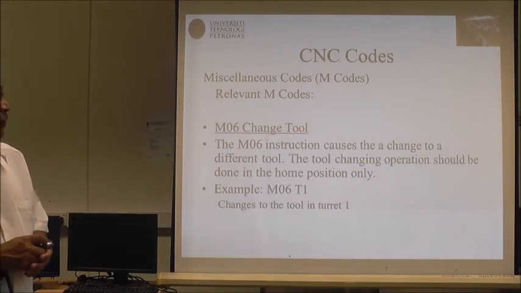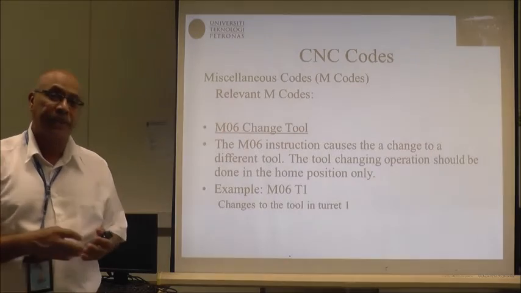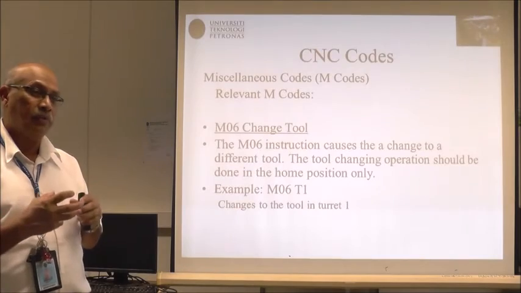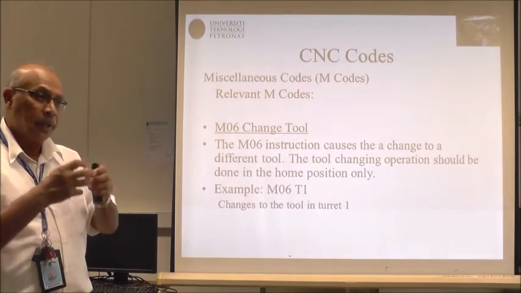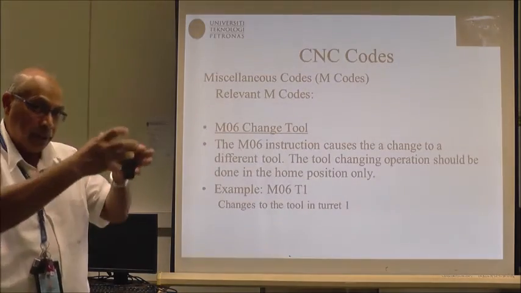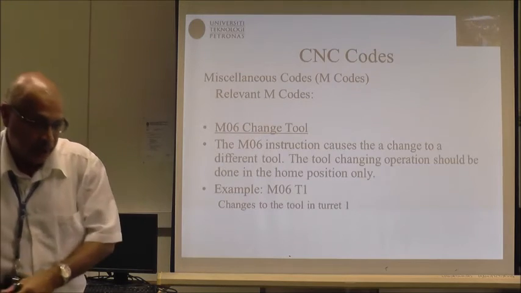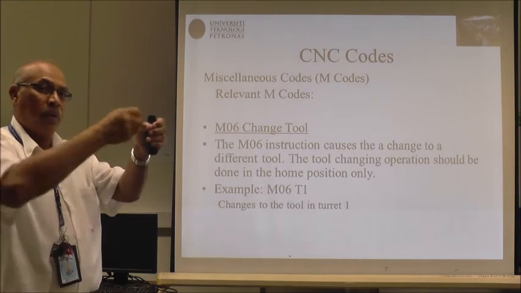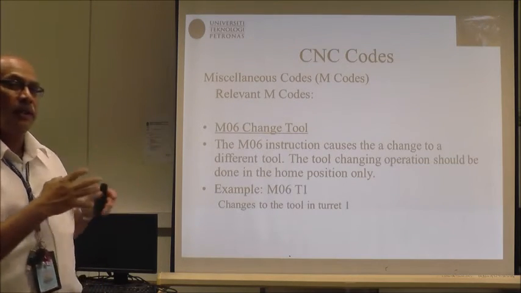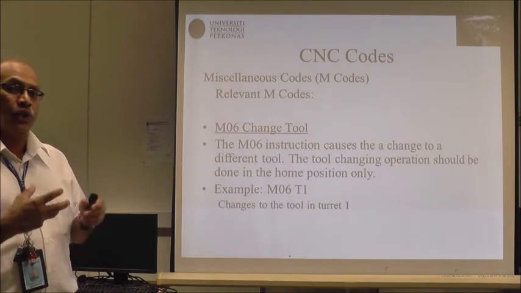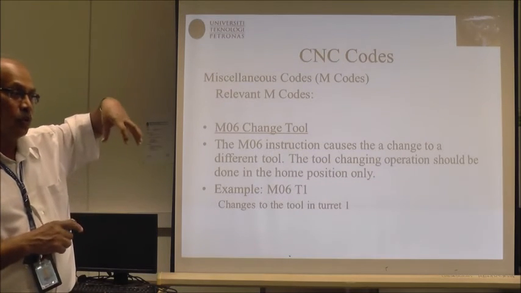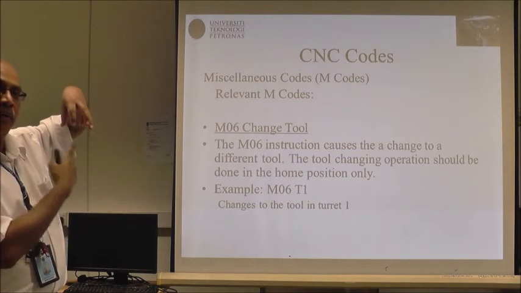And if you want to change the tool, you use the M06. Previously on a manual machine, the operator had to unlock and take out the tool, change it with another tool, and lock it. But with CNC, this allows automatic tool changing, because there is an automatic tool changer carrying a certain number of tools.